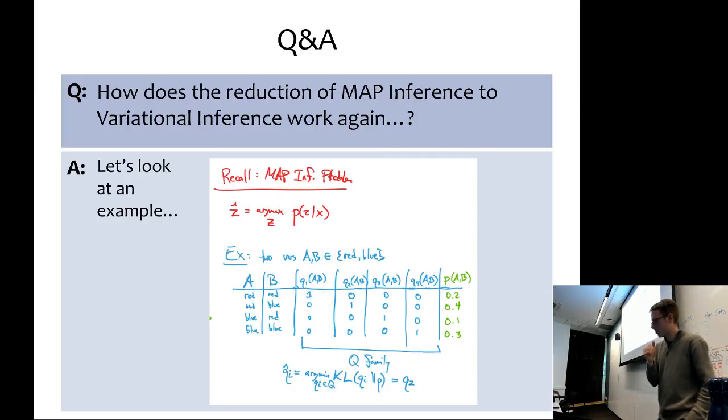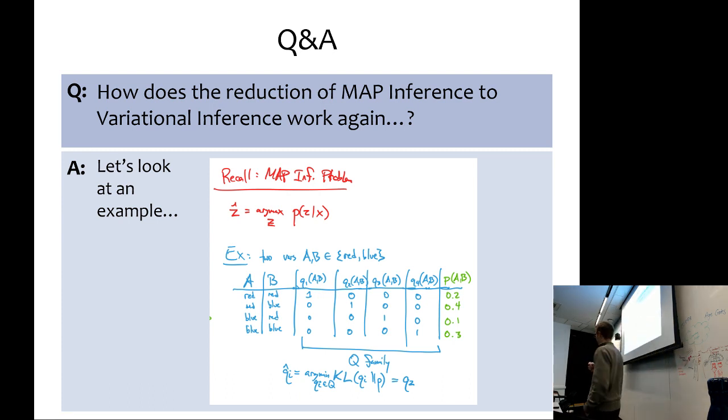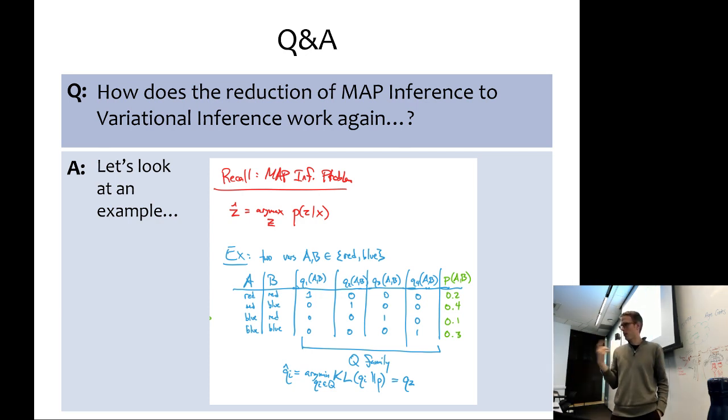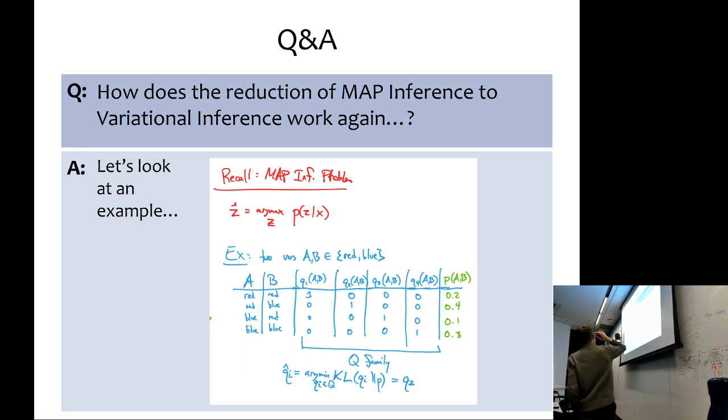So one good question that came up at the end of last lecture was, what on earth were you talking about with the reduction of MAP inference to variational inference? So afterwards, in office hours, I started sketching out a little example of what it was that I was talking about.